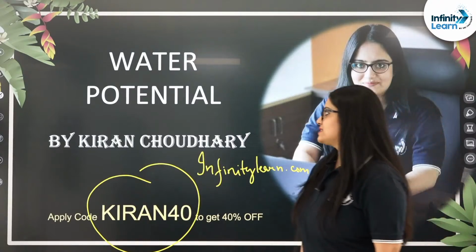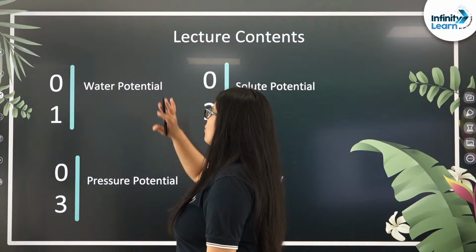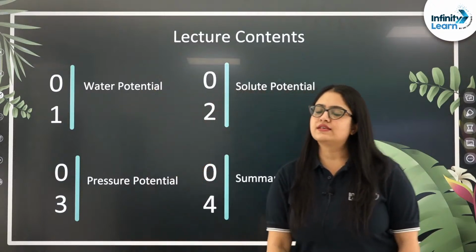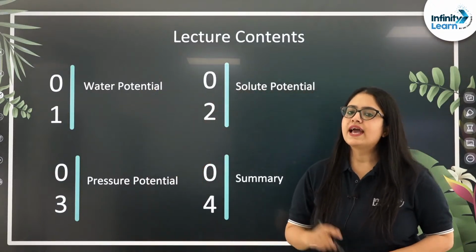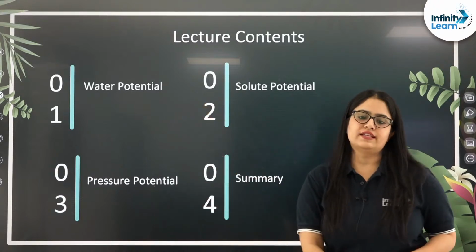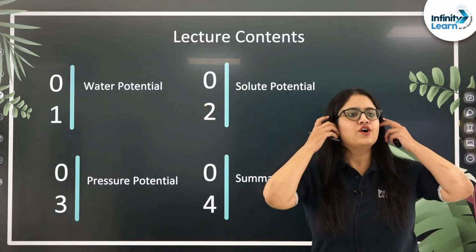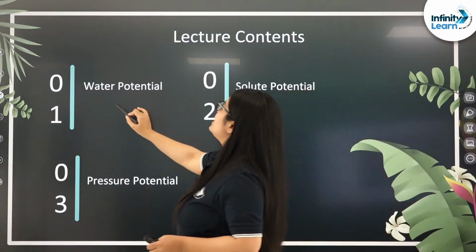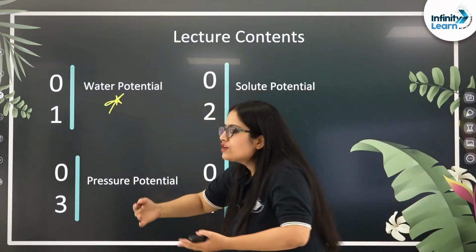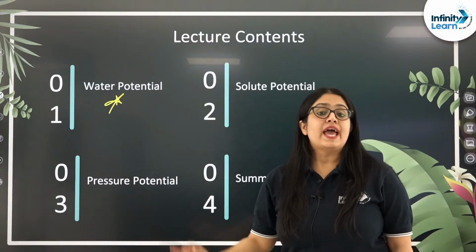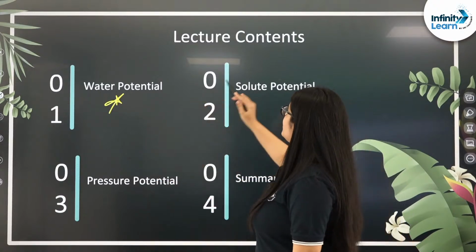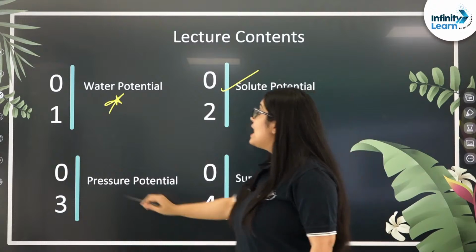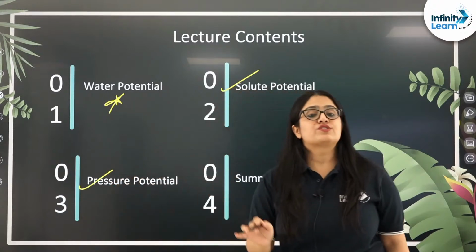Now let us start. So what are you going to get in this session? Let us discuss that, and then I will start with the very first thing, that is the definition of water potential. First I will give you a brief idea about what water potential is, and then I will explain what is solute potential and what is pressure potential.